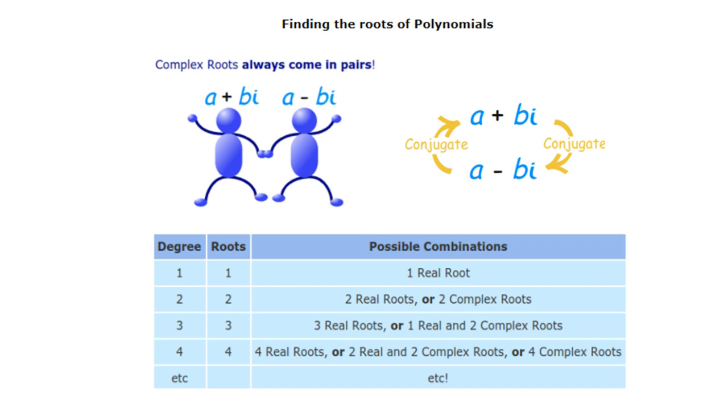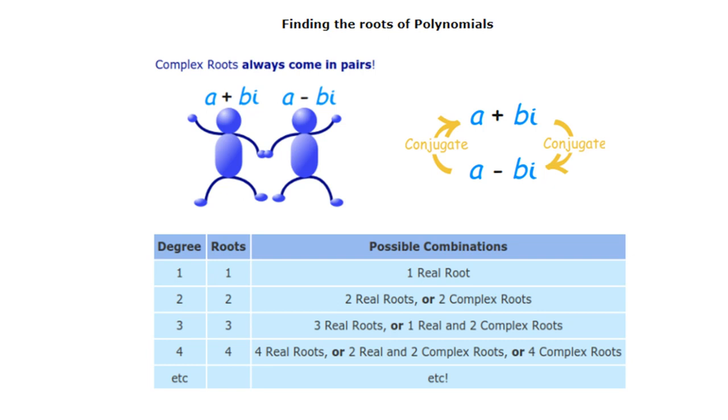The nice thing about complex roots is that they always come in pairs. So if you get one of them, you always have a second one as well. Now you don't always need to have complex roots, but at certain times you will. And the degree of your polynomial tells you how many possible real and complex roots you can have.